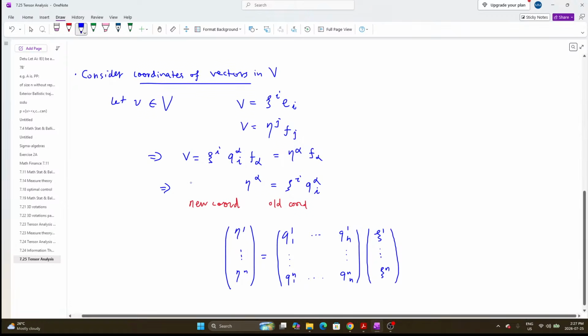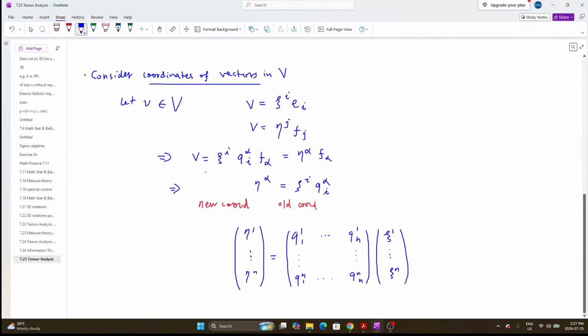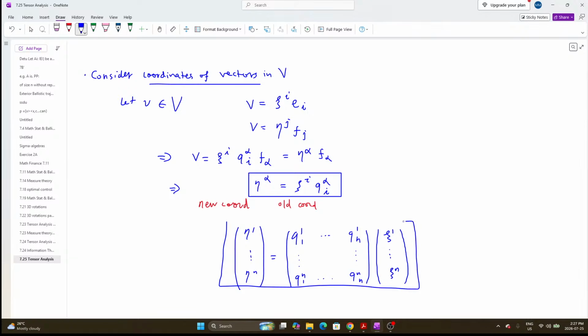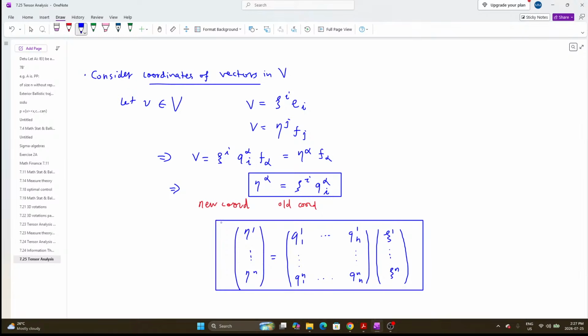So yeah, that's the law, the transformation law, in index form and in matrix form. Once again, this should be covered in standard linear algebra. In fact, in linear algebra, choosing an appropriate basis so that the coordinate representation becomes easy is a major theme. Now think about that. You have the eigenvalue decomposition.